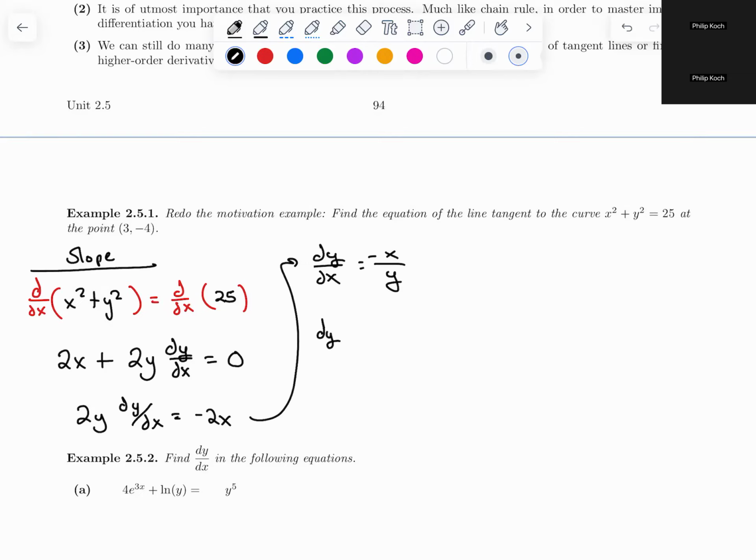So dy dx evaluated at 3, -4, meaning that I'm plugging in 3 for x and -4 for y, gives me -3 over -4, which is 3/4. And I have my slope. And so I can get my answer, which is y plus 4 equals 3/4 times x minus 3.